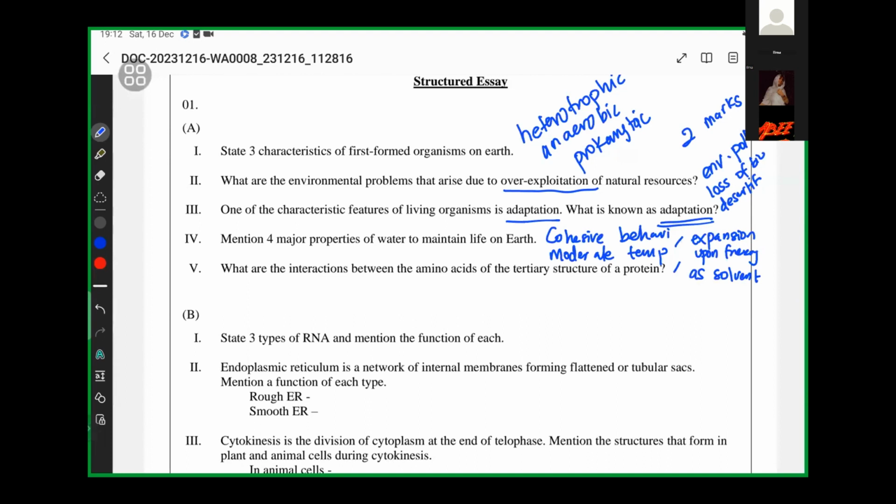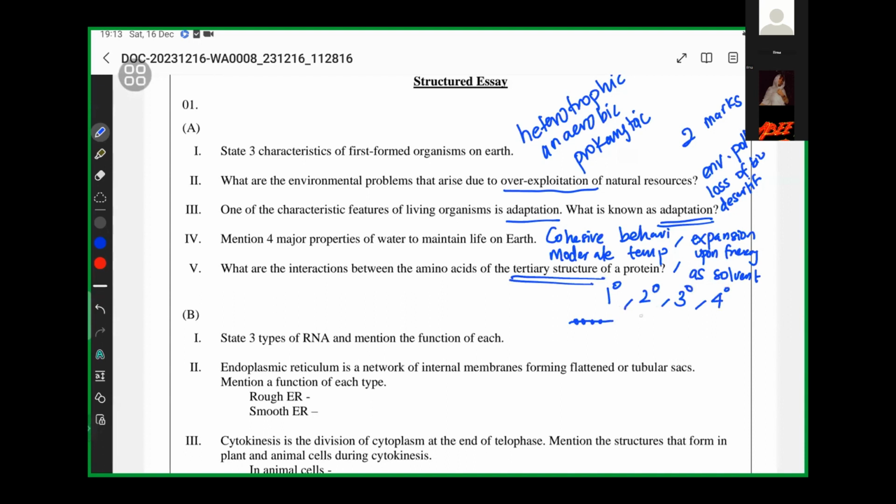The next question is, what are the interactions between the amino acids of the tertiary structure of protein? You know there are 4 structures of protein: primary, secondary, tertiary, and the quaternary structures. The primary structure is just a polypeptide of amino acids. If two polypeptides are arranged together, we call it secondary.